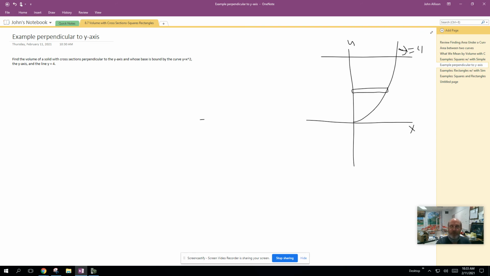So I'm going to switch the x and y axis here and flip this across the line y equals x. And you will see that now this is the curve. If this is y and this is x, this is now the line y equals 4.